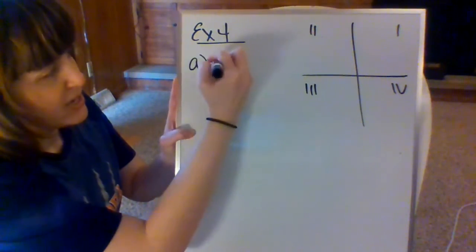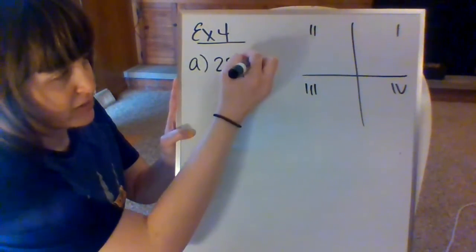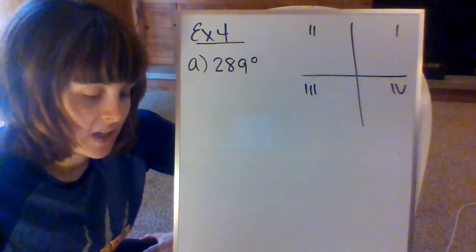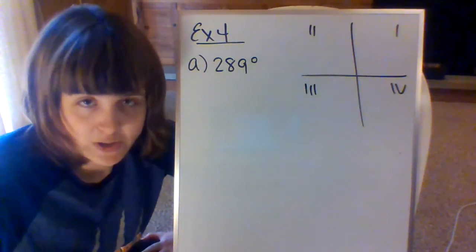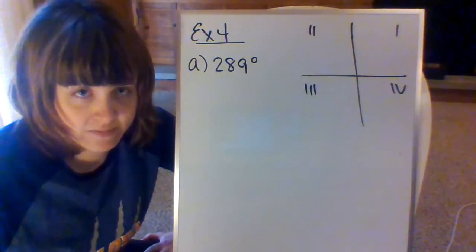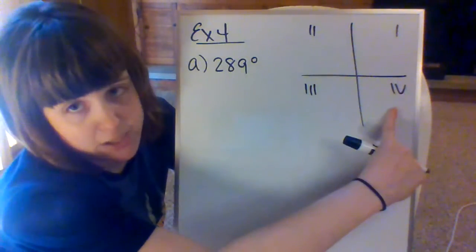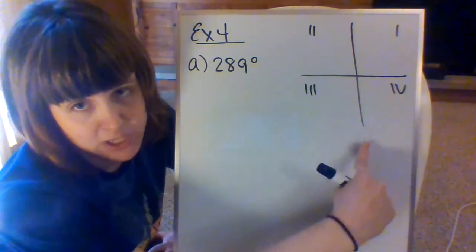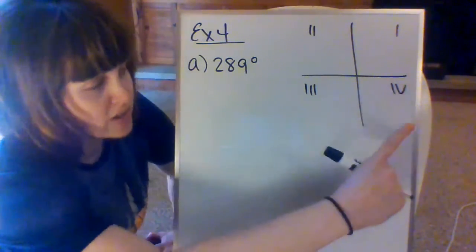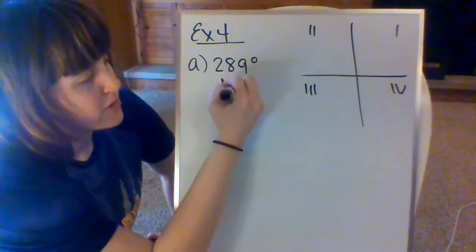So part A says 289 degrees. So what quadrant do you think 289 is in? Well, this is 270 and that's 360, so it's going to be in quadrant 4 because it's between 270 and 360. So it's in quadrant 4.